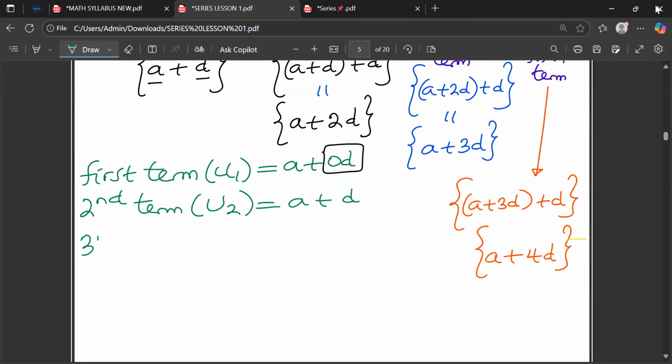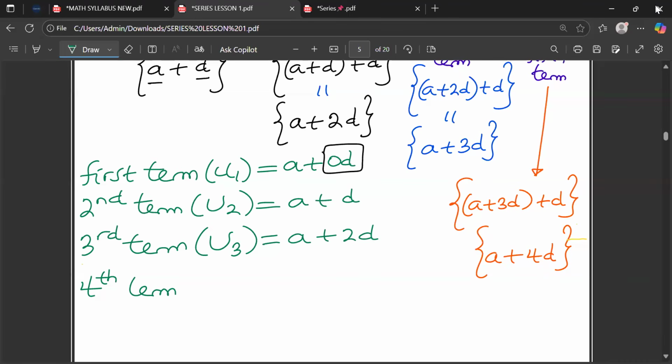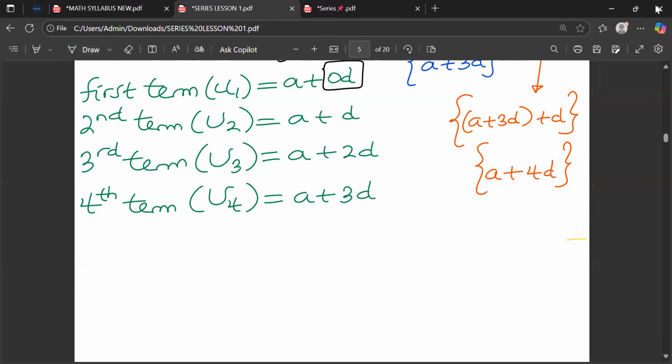Then that term, usually U3. That was the fourth term.